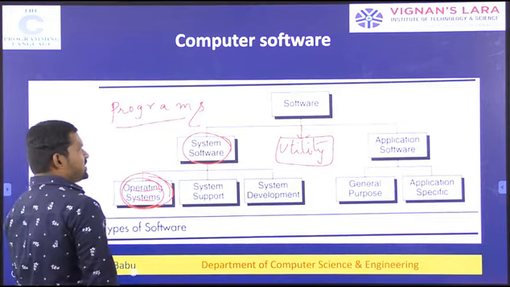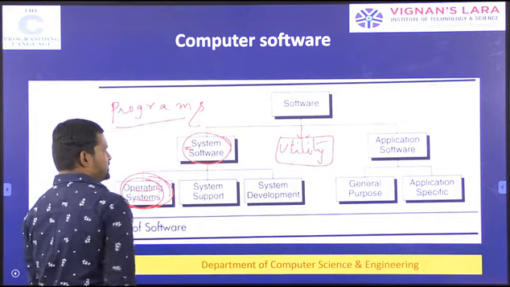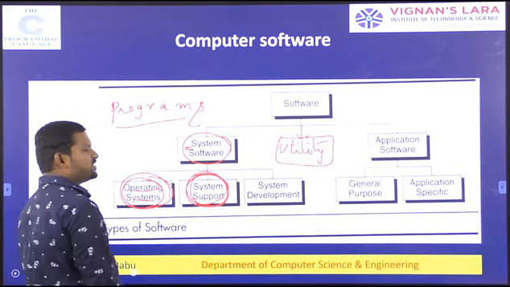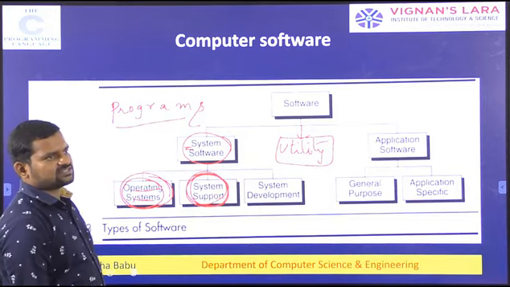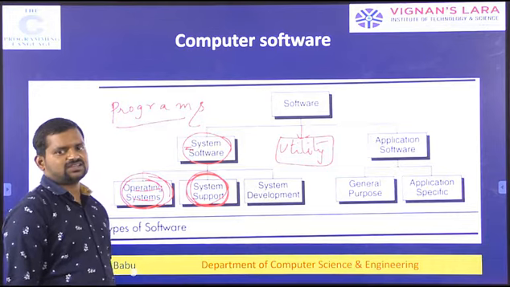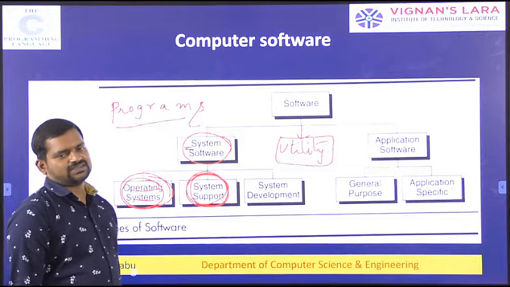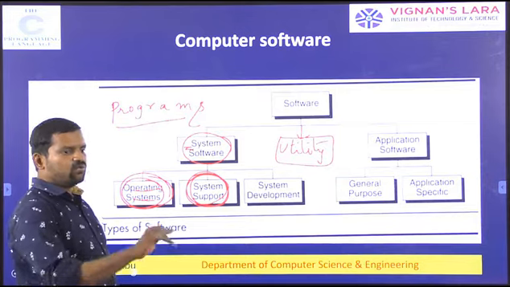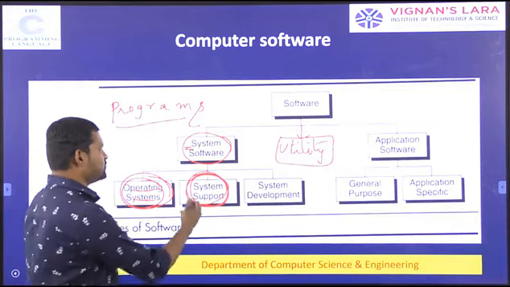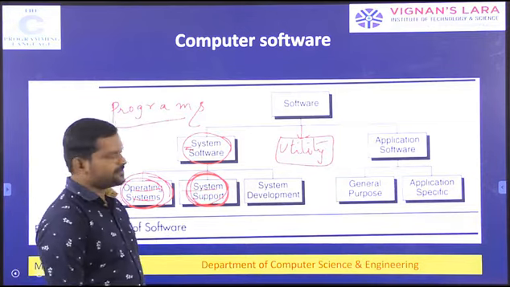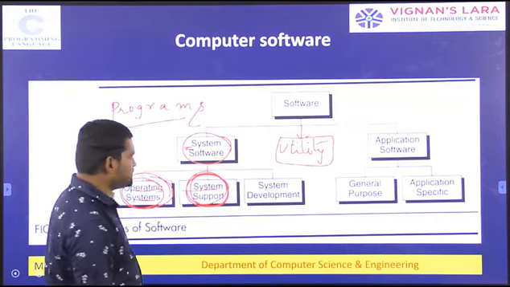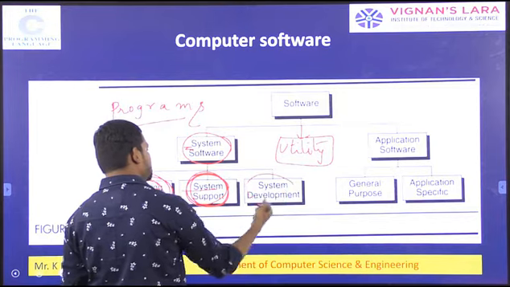Under system software, system support files are also there. System supporting softwares include the disk operating system, DOS, operating system files and boot files. Those are system support files. System development files are also there.